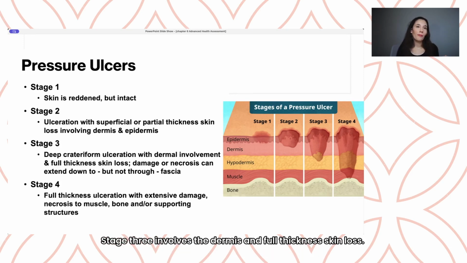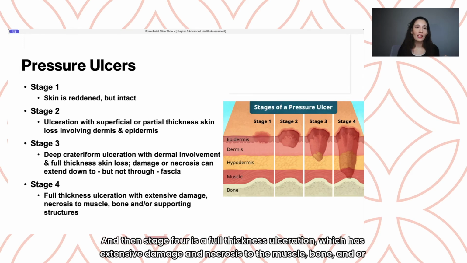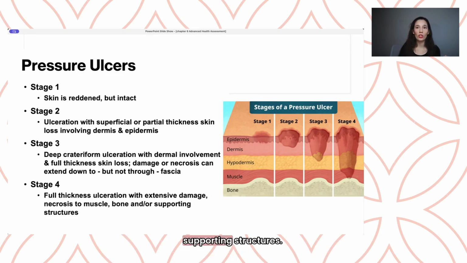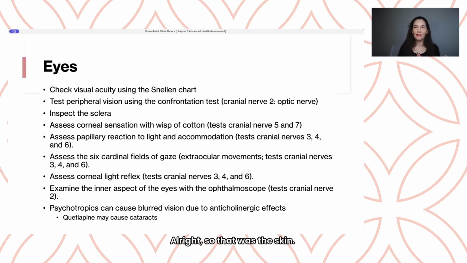Stage 3 involves the dermis and full thickness skin loss. Damage or necrosis can extend down to, but not through, the fascia. So we can see that it goes all the way down to the hypodermis. And then stage 4 is a full thickness ulceration, which has extensive damage and necrosis to the muscle, bone, and/or supporting structures. All right, so that was the skin.